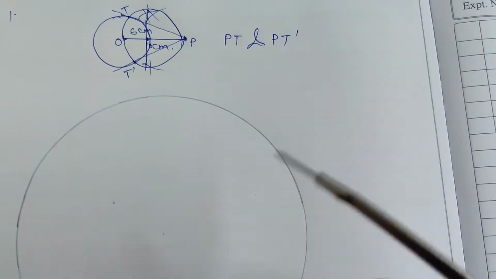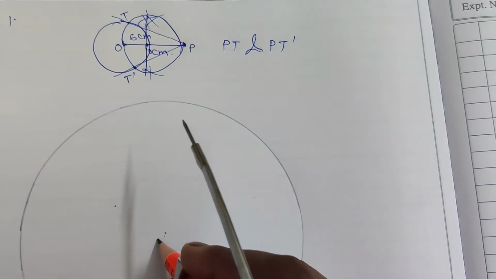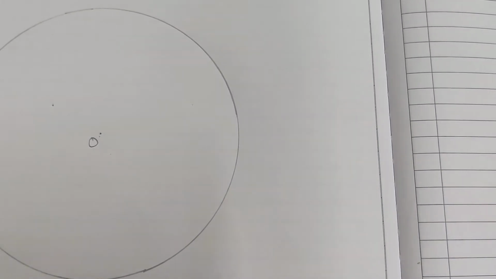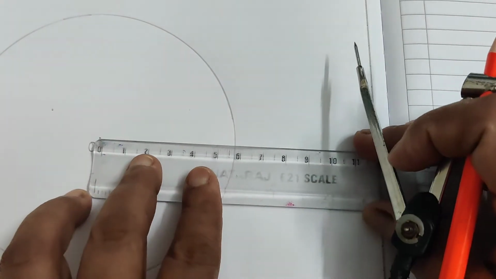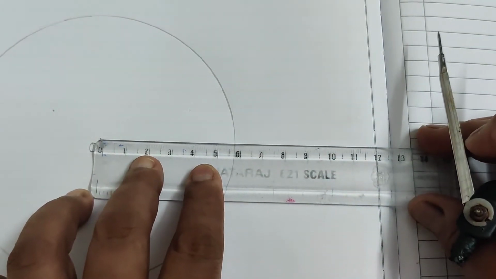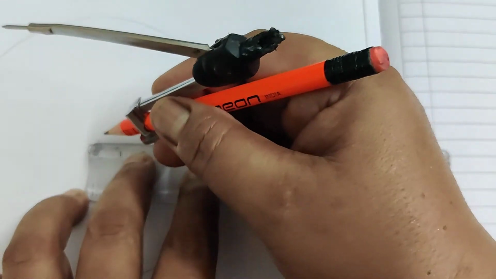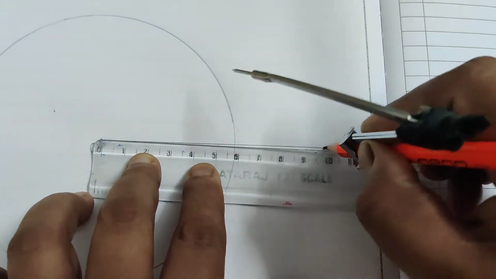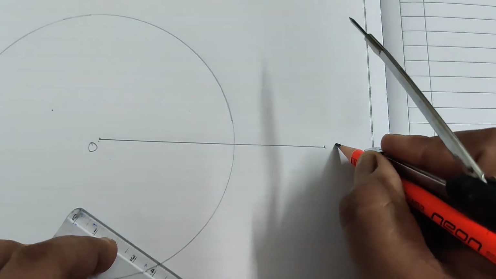This is the center O. Now take 10 centimeter, draw a line, and take a point P at 10 centimeter distance. Here is the 10. This is the point P.